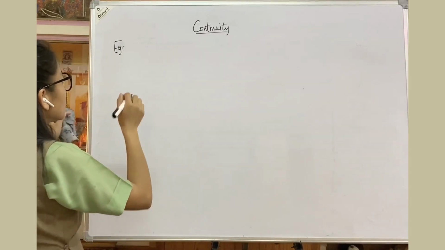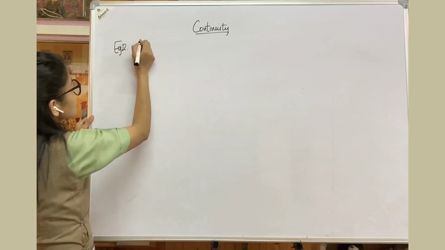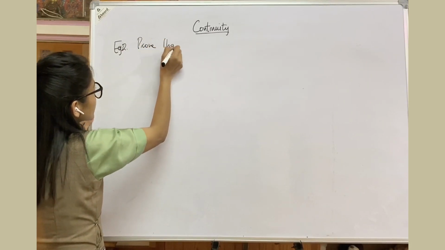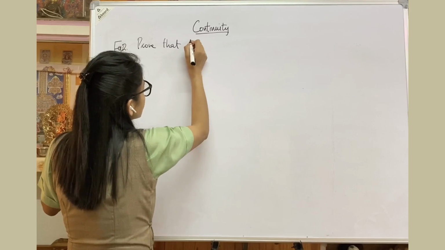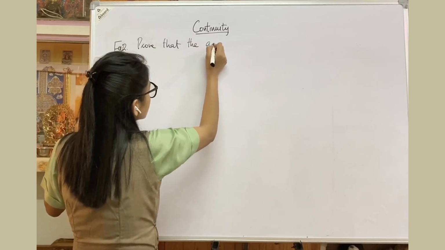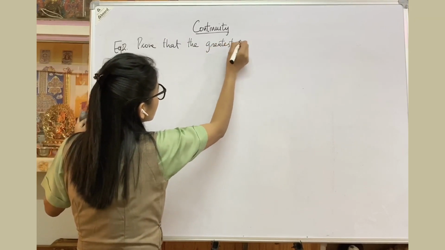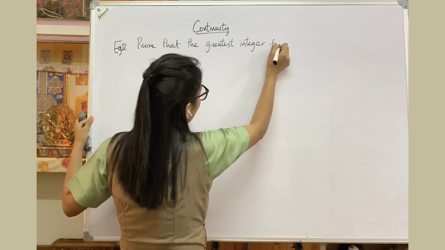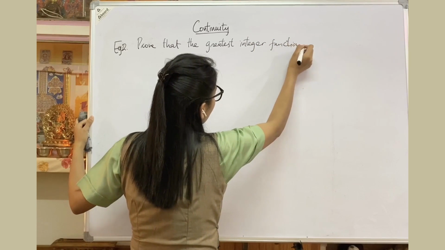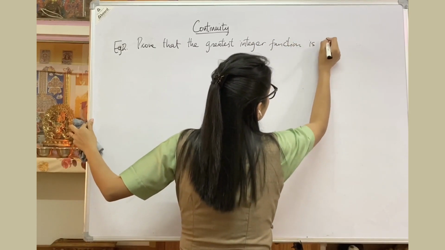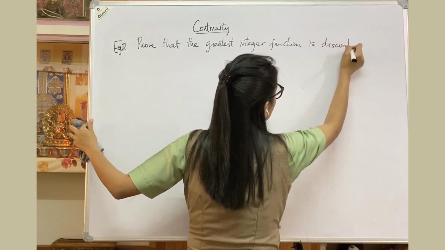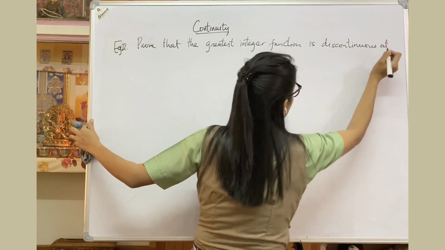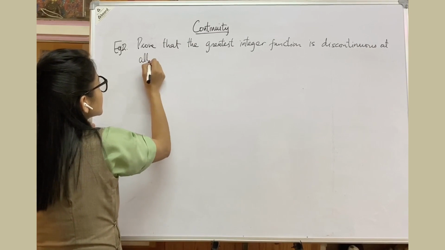Okay, now we will take one more example, example 2. I will give you this question: Prove that the greatest integer function is discontinuous at all integral points.